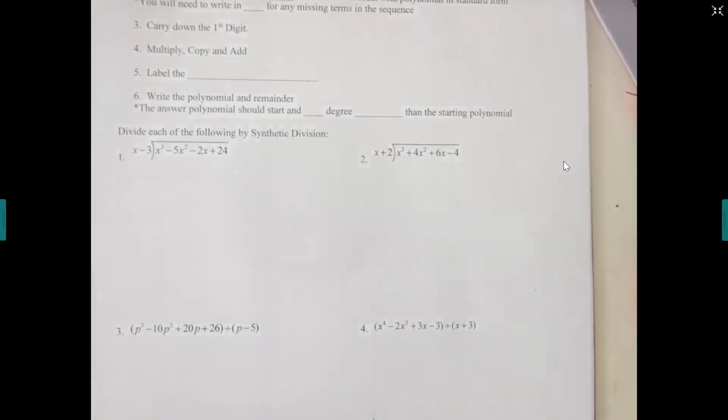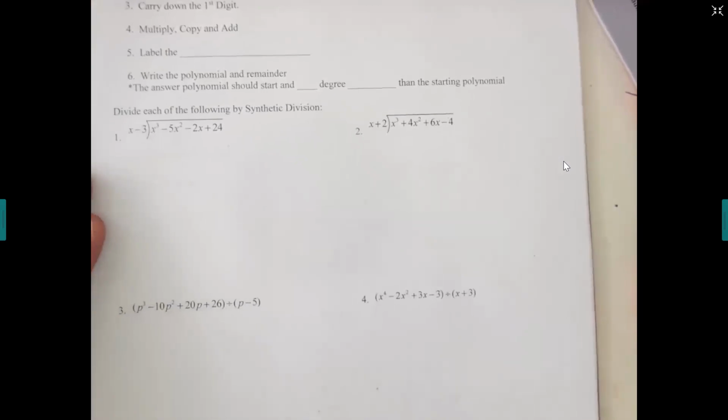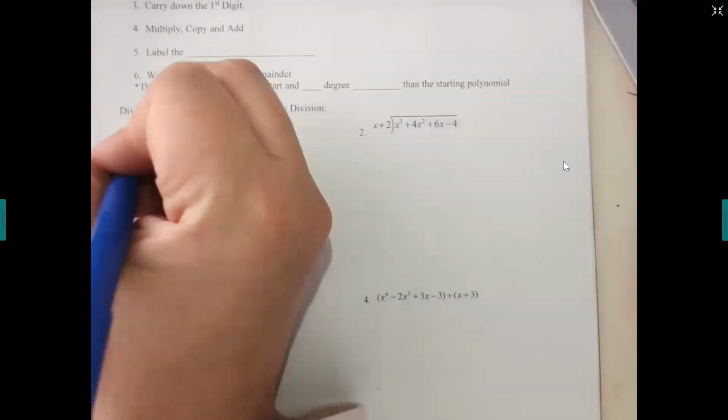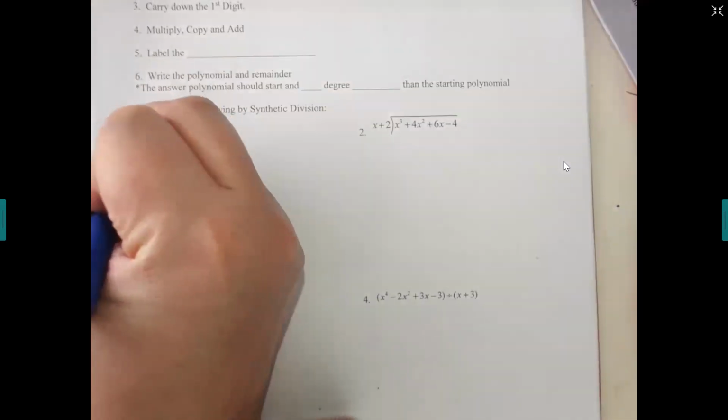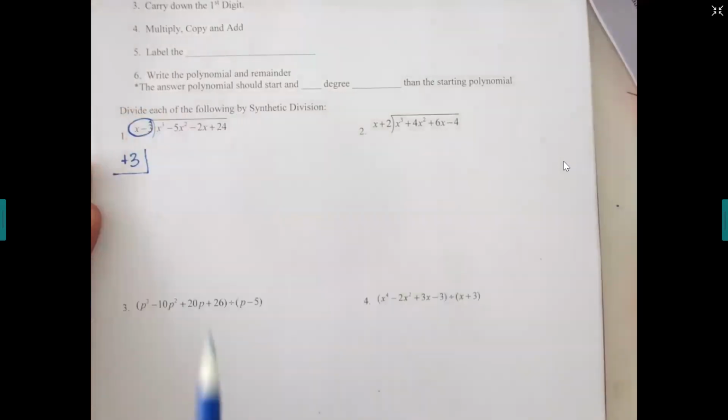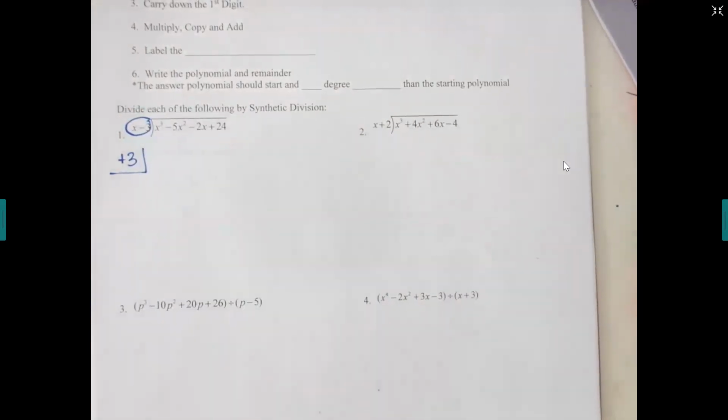Okay, so let me show you how to do it. We're gonna do number 1. Whatever you're dividing by, you're gonna put the opposite of that number in the box. So if it's an X minus 3, I'm gonna put a plus 3 in the box. Then, because it's a shortcut, we wanna be a little lazy.